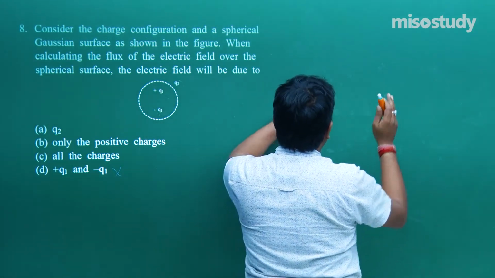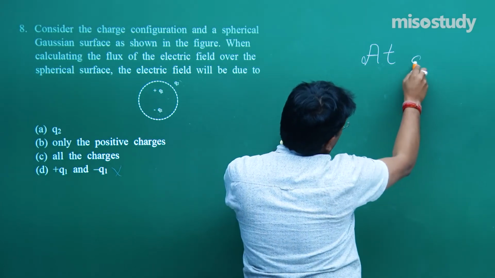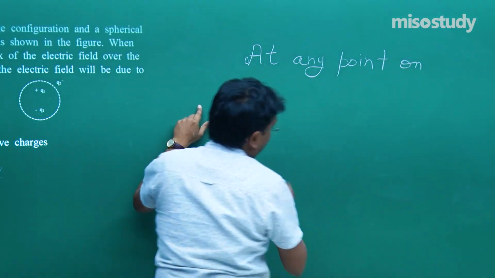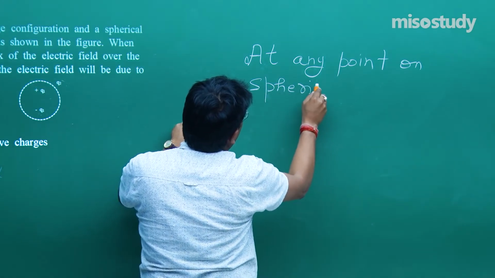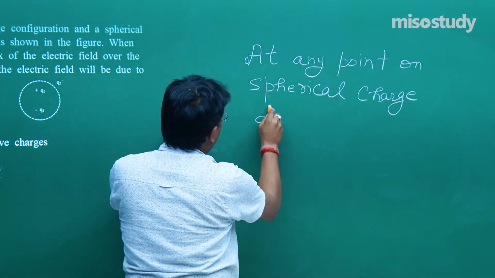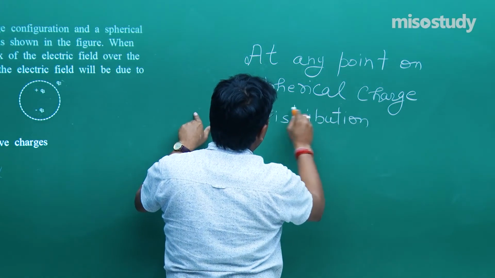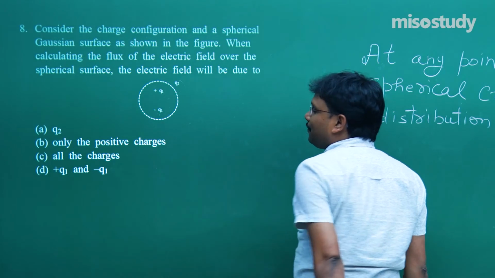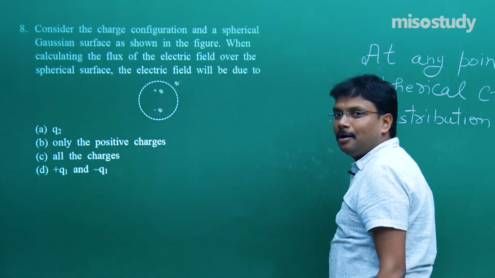I am going to provide at least some in-depth solution of this. At any point on spherical charge distribution, ultimately, if you just take a look at the options, you simply say you have to only work out for B or C, and all students who are regular with our videos, they simply say, sir, there is no point of solving this problem, it is going to be the correct answer.